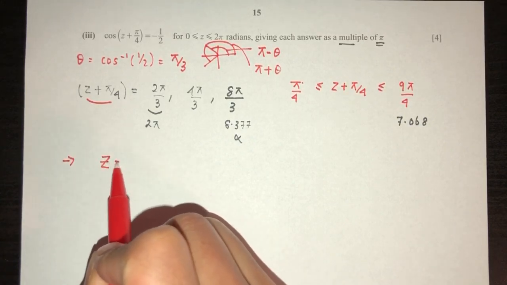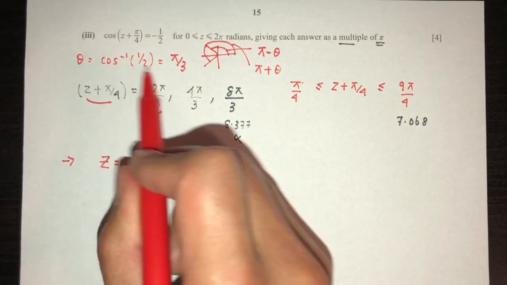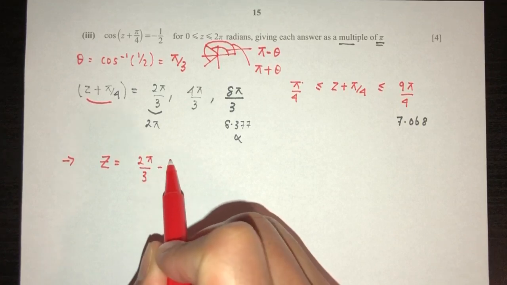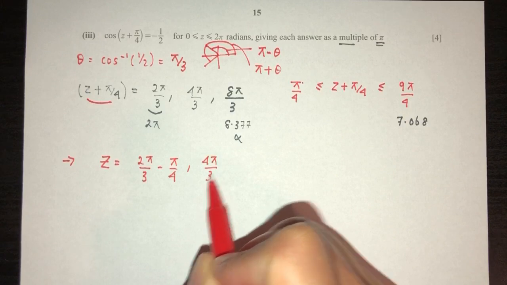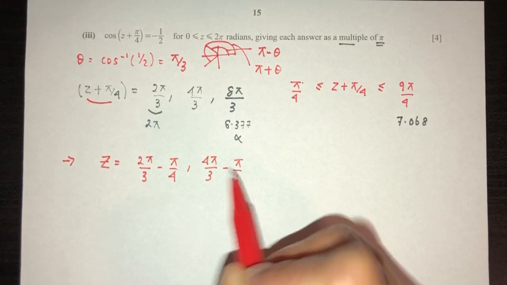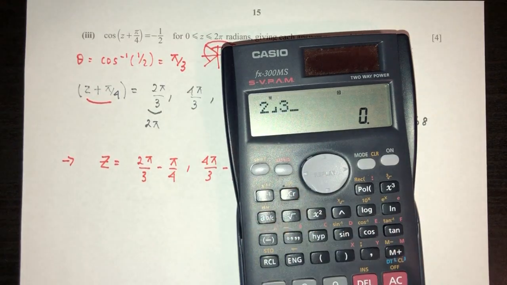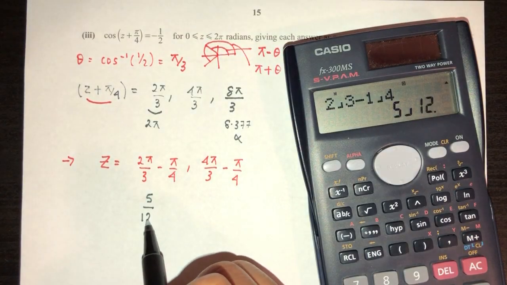Now z becomes the subject of the formula. We have to send this over here. You will have 2 pi over 3 minus pi over 4, and also 4 pi over 3 minus pi over 4. So let's simplify one by one. First one is 2 over 3 minus 1 over 4. That will give you 5 over 12 pi.